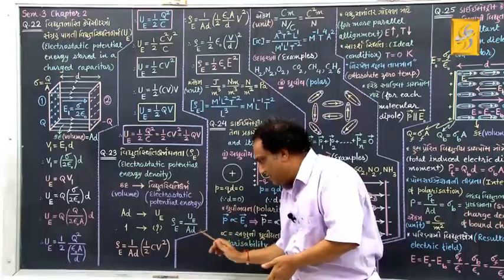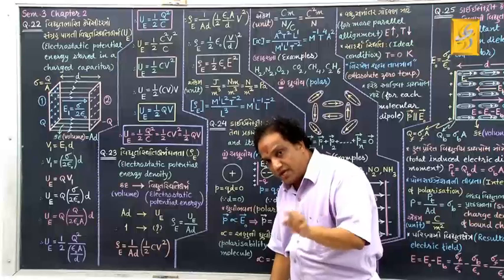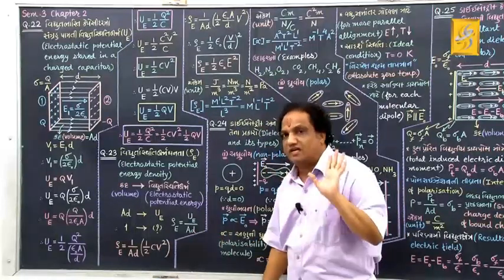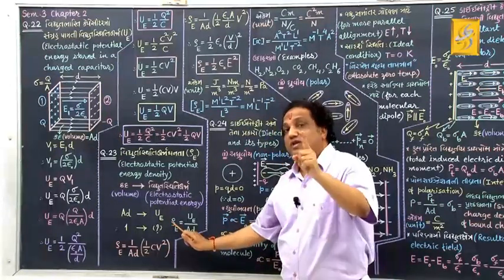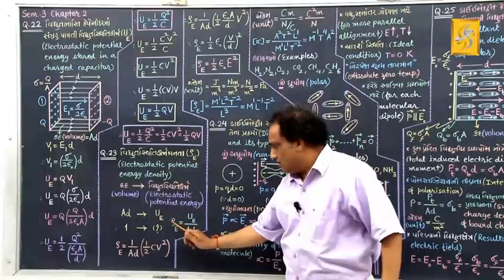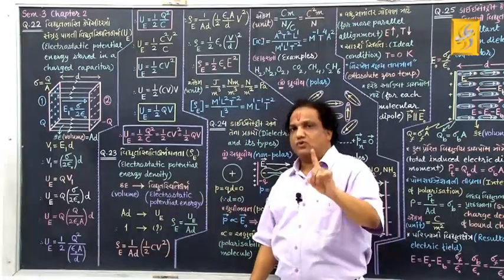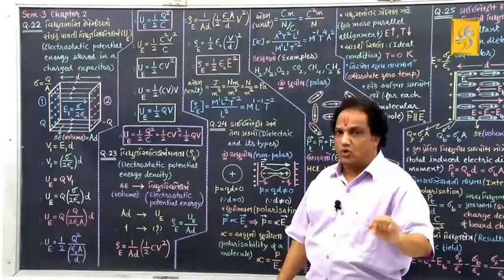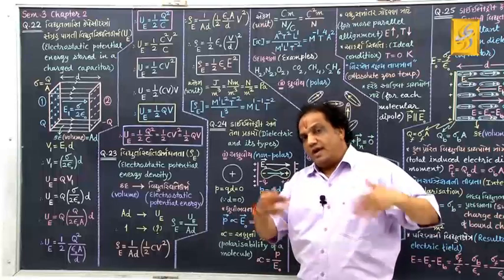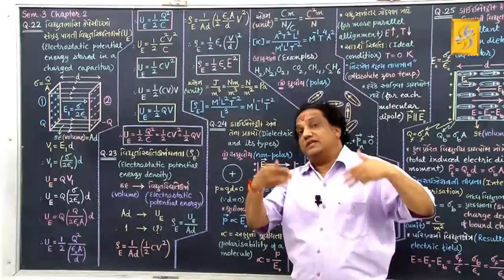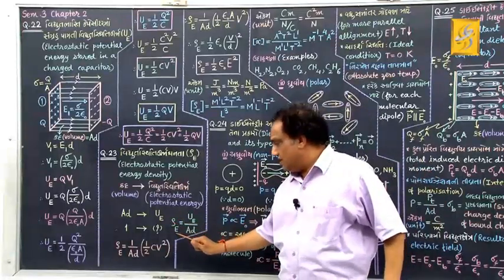So this ratio will give me electrostatic potential energy stored in unit volume of electric field. Itself it is known as electrostatic potential energy density, shown by symbol rho E. Come on, define it. Electrostatic potential energy stored per unit volume of a given electric field is called electrostatic potential energy density for that electric field, shown by symbol rho E.